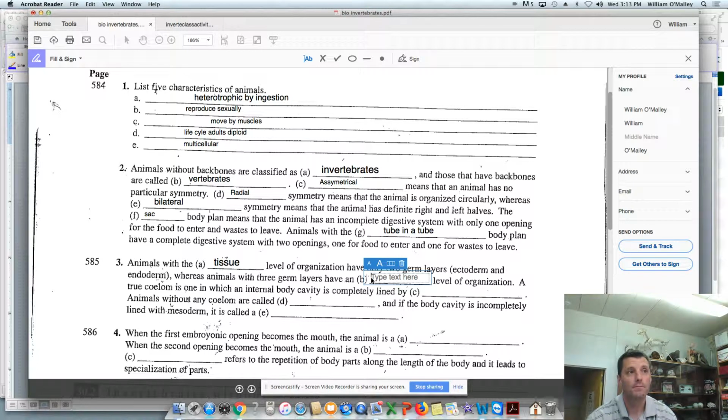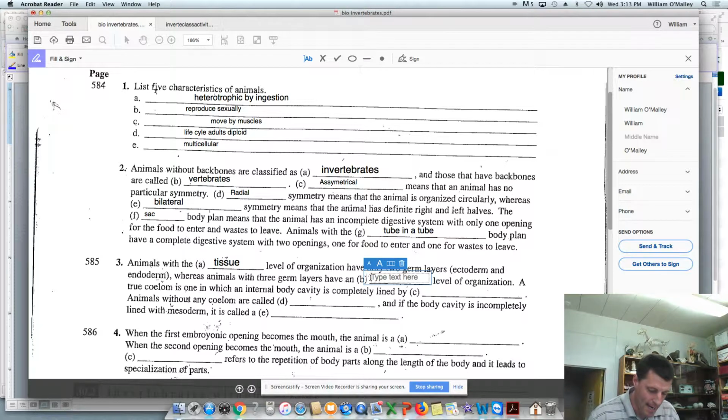Hunter? Might look at page 619. I think it shows us that on there. If it doesn't... no, it doesn't talk about it there.